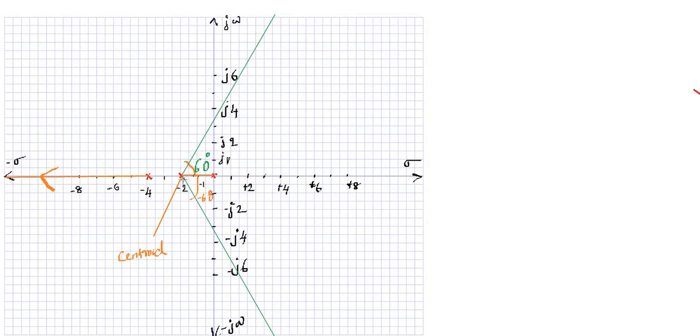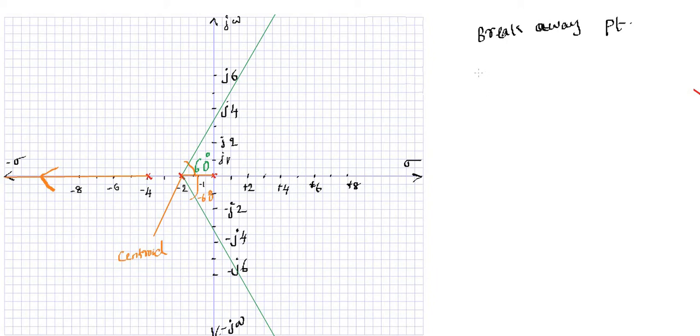From each of these poles a root locus branch will start. If two adjacent poles are there, the point will be a breakaway point. Since minus 2 and 0 are adjacent poles, the point will be a breakaway point.